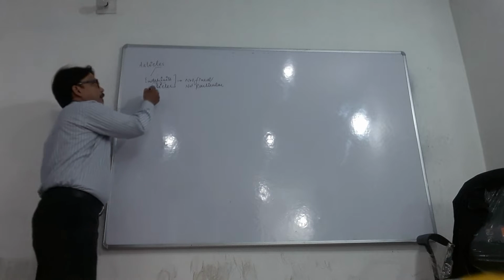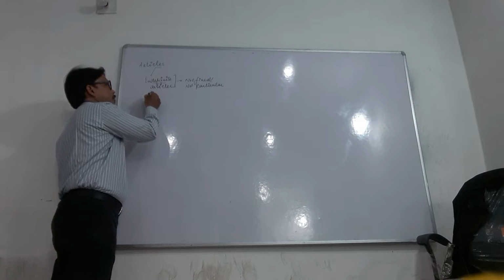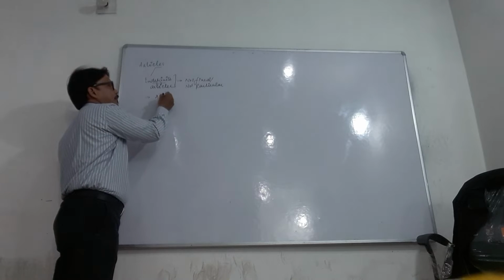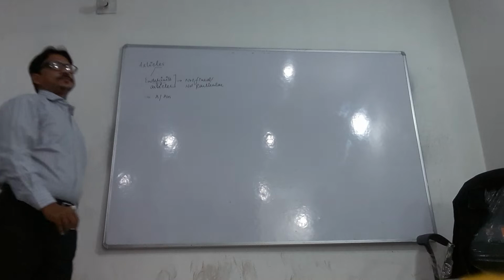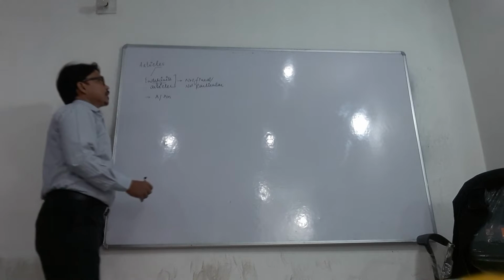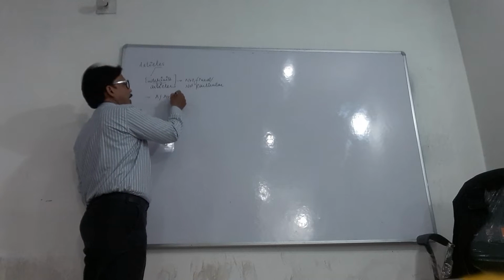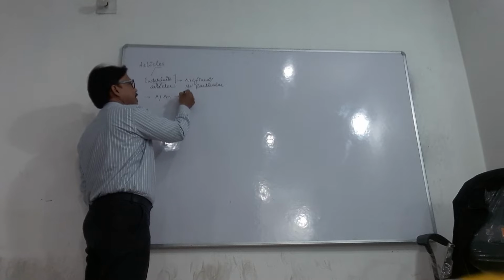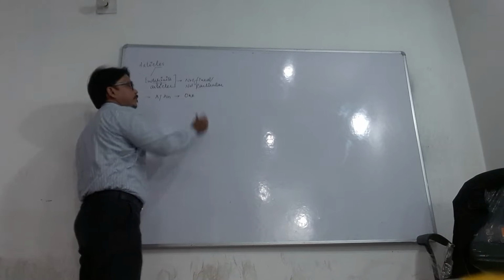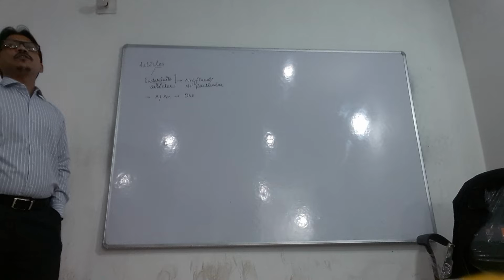Indefinite articles, there are two: one is a and the second one is an. Its general meaning, when we talk about a or an, is mainly used in the sense of one.